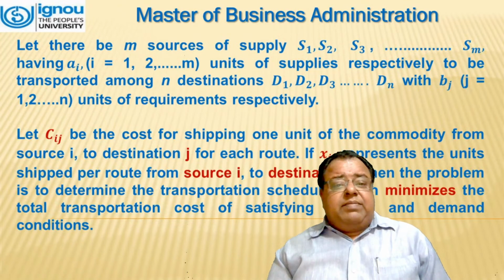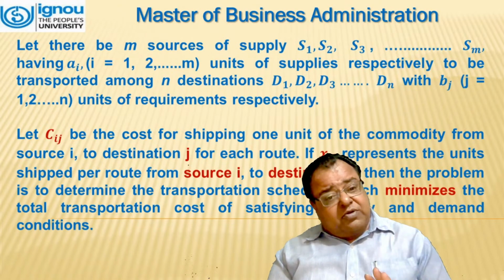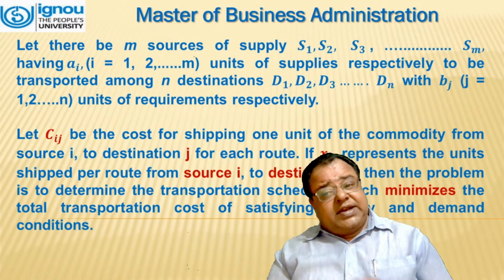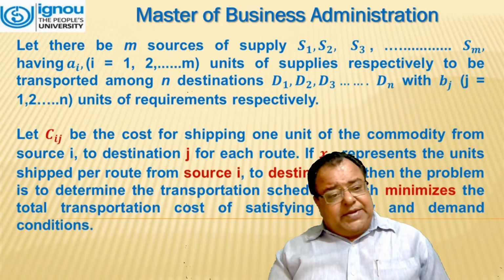Let there be m sources of supply, S1, S2, S3 till Sm, having A1, A2 till Am units of supplies respectively, to be transported among n destinations, that means D1, D2 till Dn, with Bj units of requirement respectively.